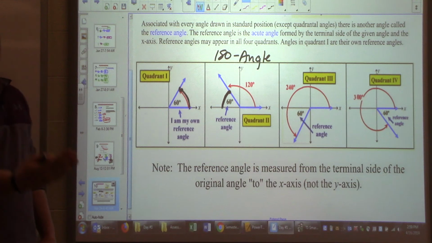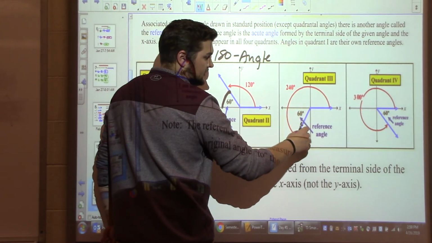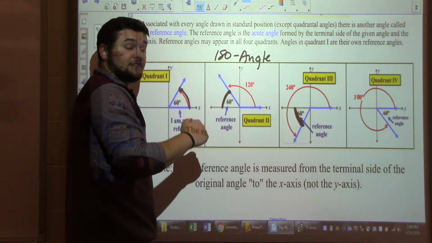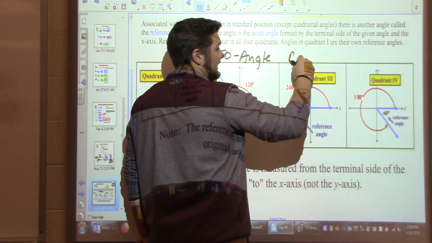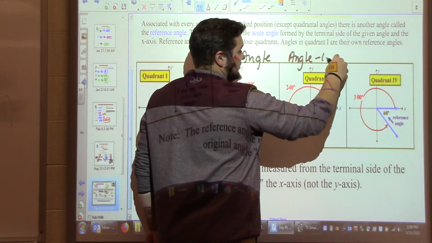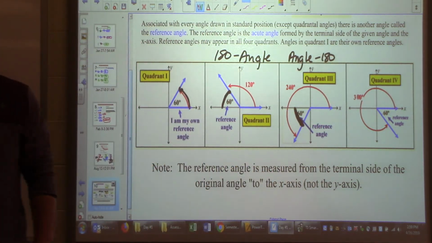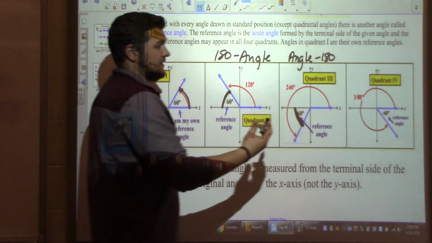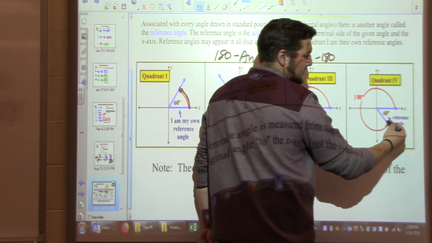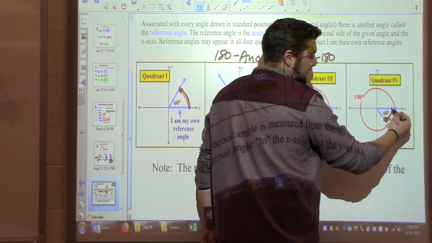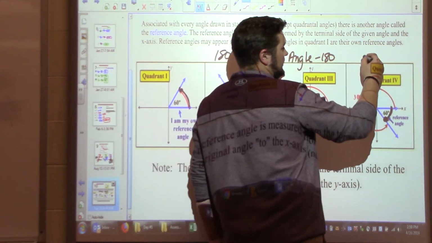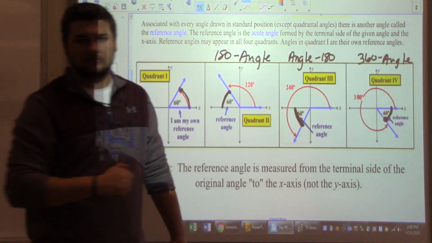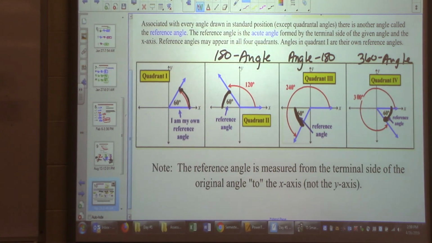If my terminal side lands in quadrant 3, my reference angle is from that terminal side back to the x-axis. So to find that reference angle, I would go my angle minus 180. It's however far it is from that terminal side to the nearest x-axis. And lastly, if I end up in quadrant 4, from my terminal side to complete the circle to that nearest x-axis, you could do 360 minus the positive angle. Okay?